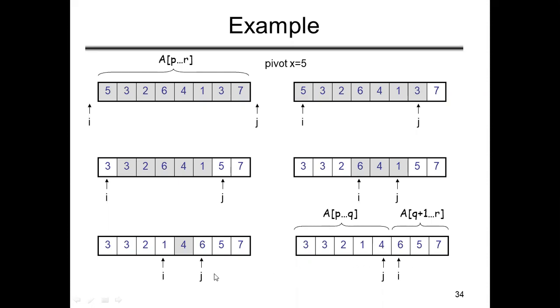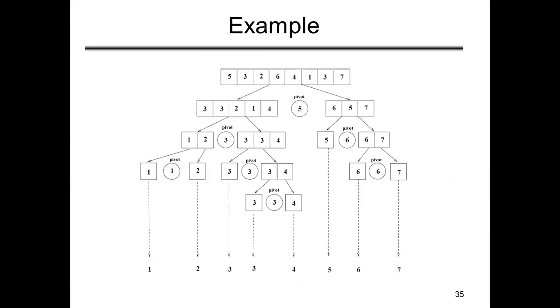Now I is pointing to 6, J is pointing to 4. So I has crossed J. When I is greater than J, I is crossing the J, so there you can stop. So 5 3 2 6 4 1 3 7, in this way we are taking.